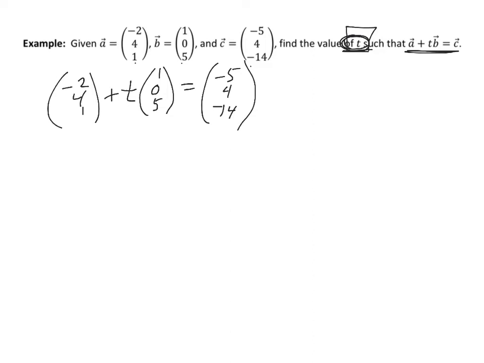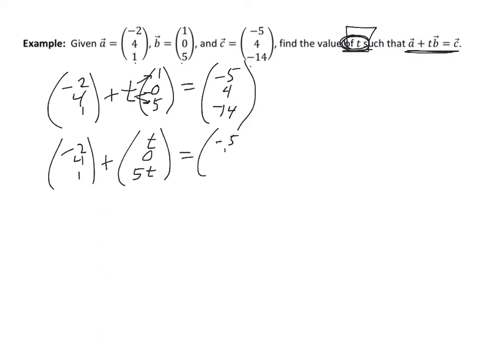Well, I guess what I'm thinking is that this t could really get distributed to all of these things, right? If I distributed that, I'd have negative 2, 4, 1 plus t, 0, 5t, and this would still be equal to negative 5, 4, negative 14. Okay, so now I have this vector equation.